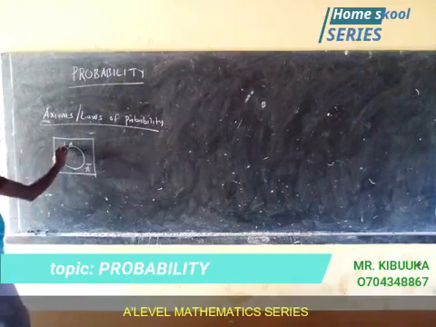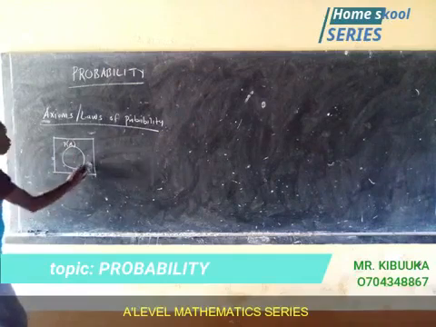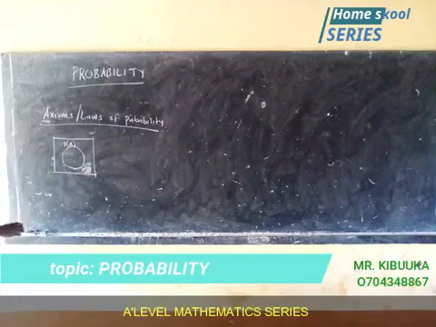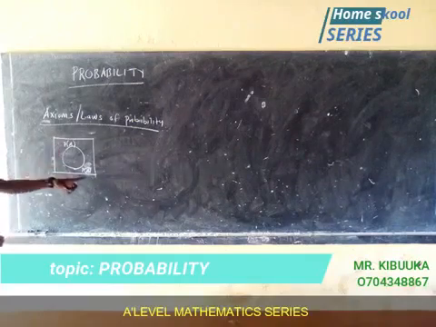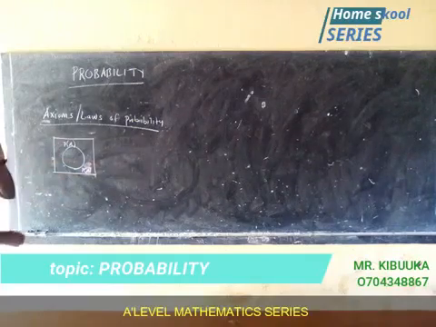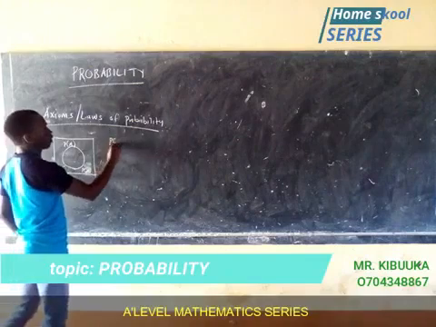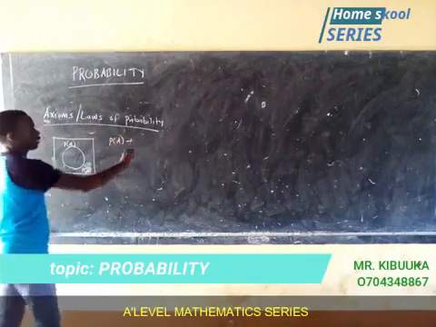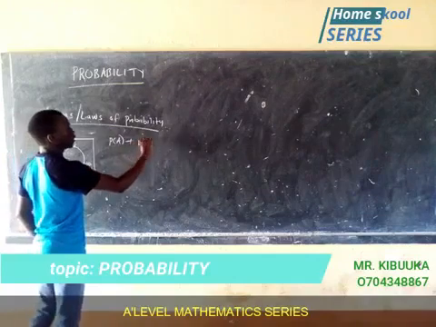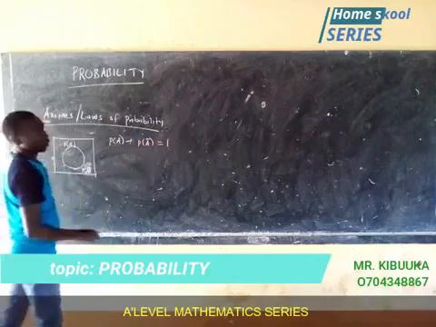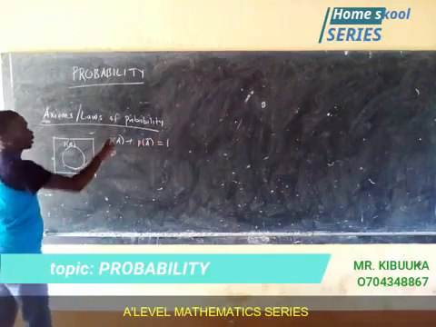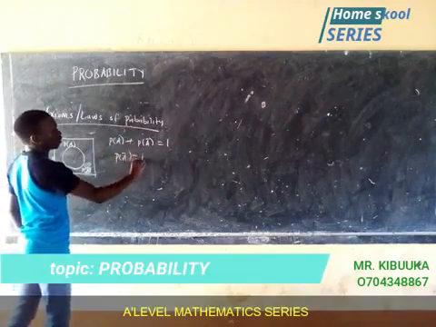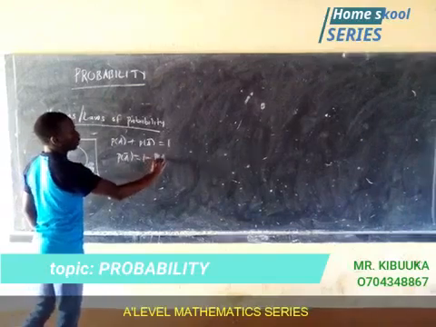Meaning, if I call this probability of A, this becomes probability of A complement. If I add this plus this, it will give me a 1. Therefore, the probability of A plus probability of A complement gives us a 1. Take this one to this side, it becomes probability of A complement is given by 1 minus probability of A.